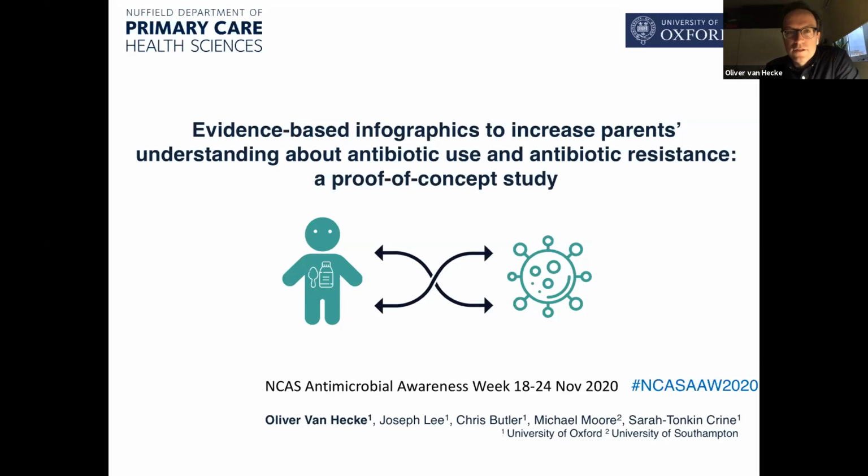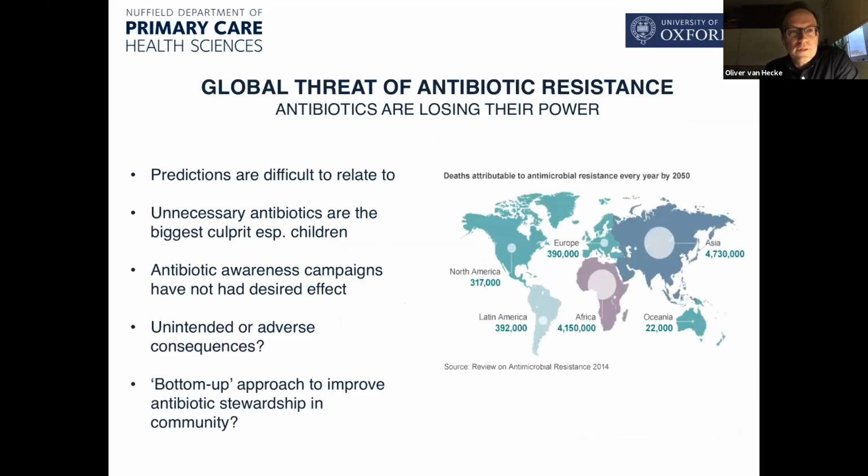So the first thing to say is that before we had the COVID pandemic, there were almost weekly media reports of the global threat of antibiotic resistance. It's been called a ticking time bomb by many, and we know that by 2050 it's said to be the top killer.